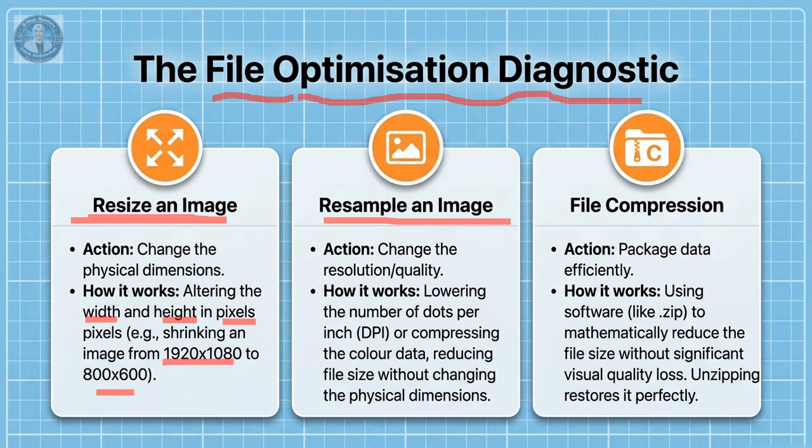Resampling changes the resolution or quality by lowering the DPI or compressing color data, which reduces the file size without changing physical dimensions. Finally, file compression. File compression packages data efficiently using software like .zip or .jar to reduce size without significant visual quality loss.